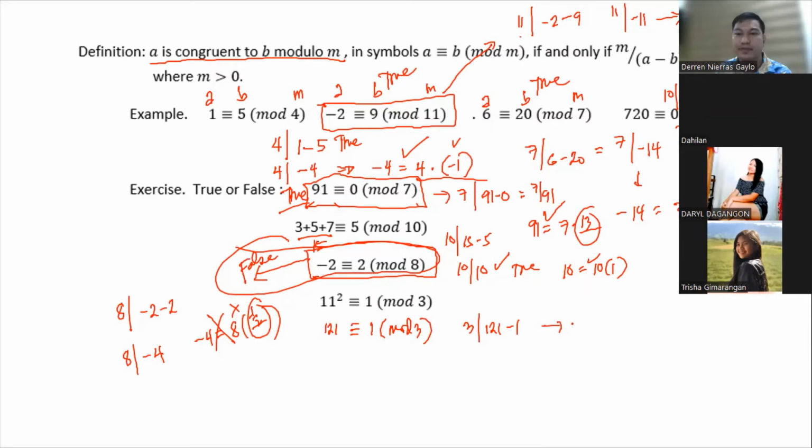So you have 3 divides 120. Or can you find a number that is equal to 120 where 3 is multiplied into? Or you can just divide 120 divided by 3. So that is 40. So I think that's also true, because we can find a number when multiplied by 3. This is true.